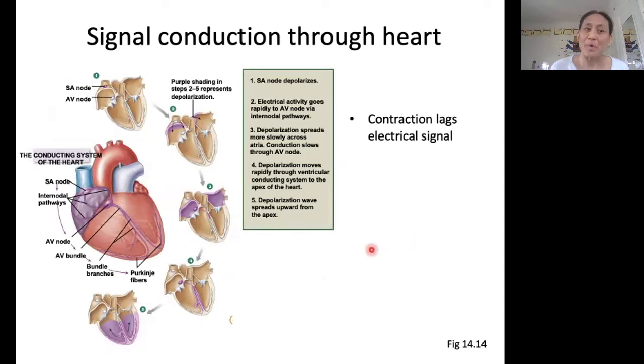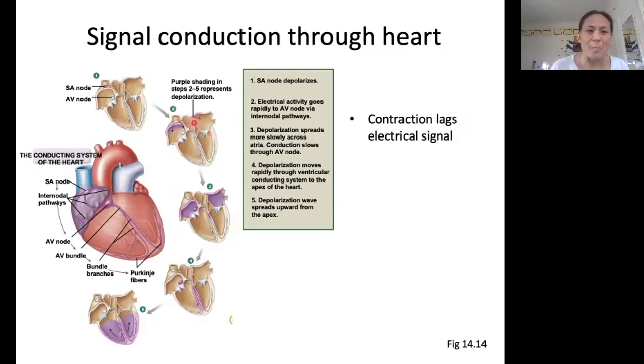One thing that I want to point out here is that the contraction is going to lag the electrical signal. So remember that we have our pacemaker cells generating and conducting that signal. That signal then is going to spread to the nearby contractile cells. Those contractile cells are going to get that signal and have their own action potentials. And then after that, those contractile cells will contract.